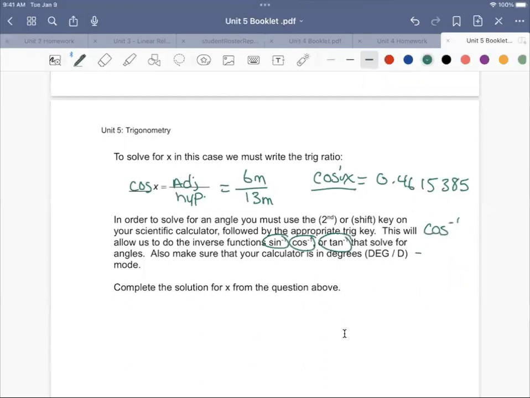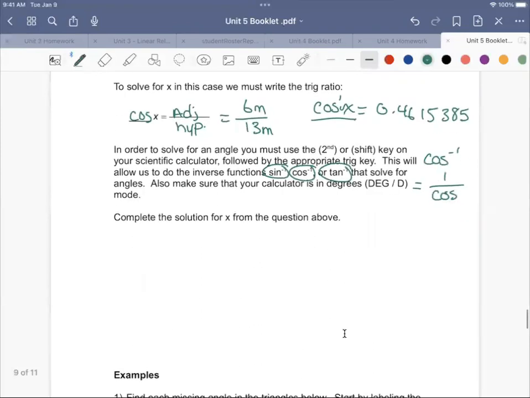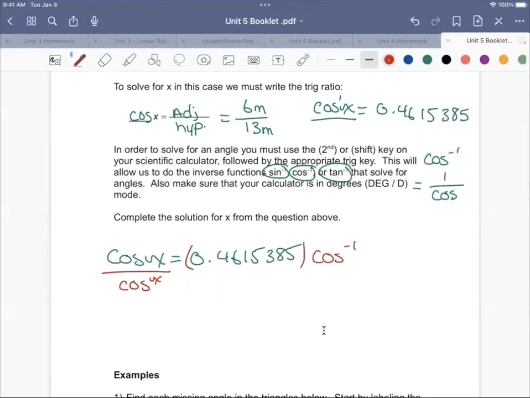Just going to write that. So when we are doing this, now that I have cos of x is equal to 0.4615385, typically what I end up doing is just leaving it in my calculator, but I'm going to do cos to the power of -1 of x there.